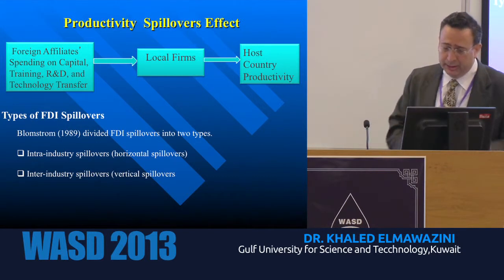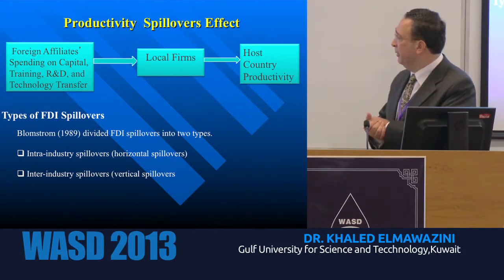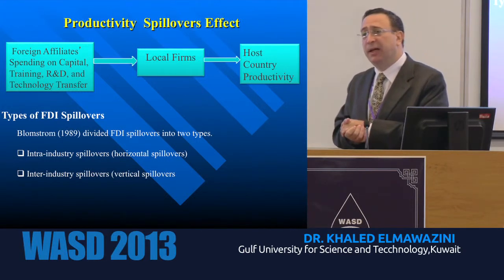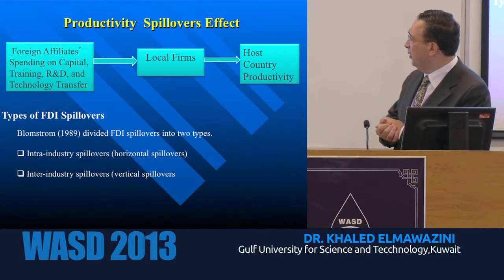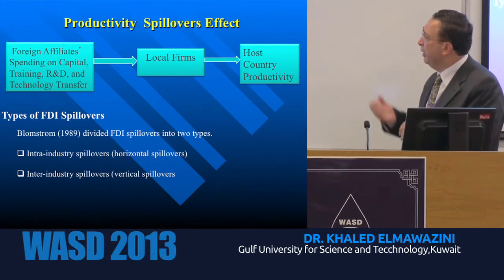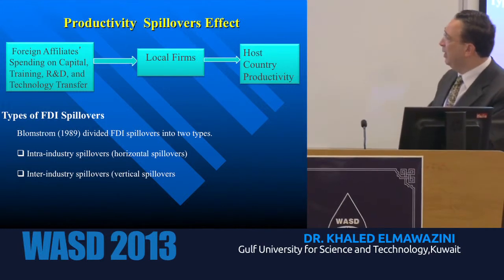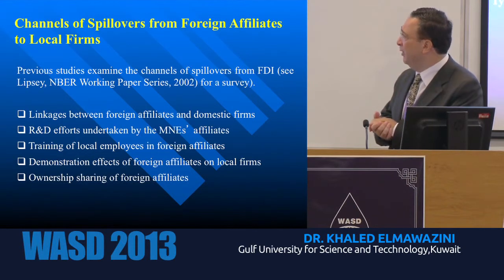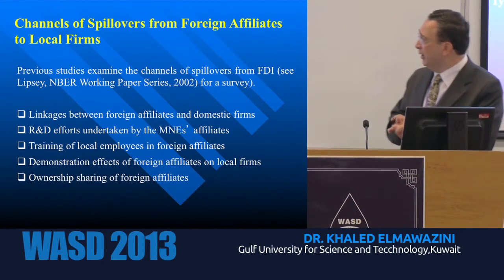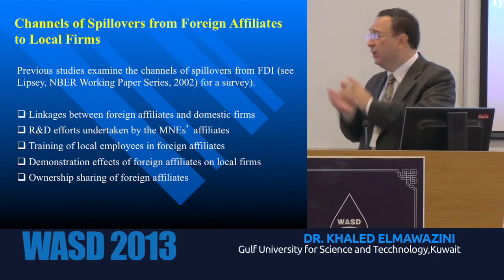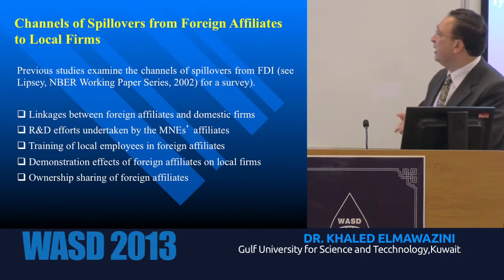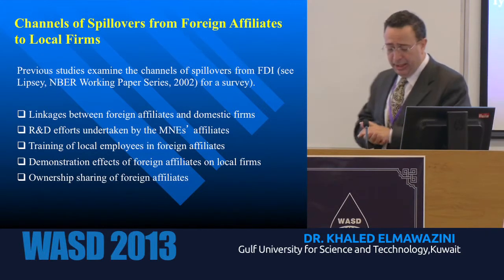Before explaining the main model, the relation between foreign direct investment and productivity growth can be explained by the productivity spillovers effect. The main idea of the productivity spillover effect is that foreign affiliates' spending on capital, training, R&D, and technology transfer diffuses to local firms through many channels, and this can increase the host country's productivity.